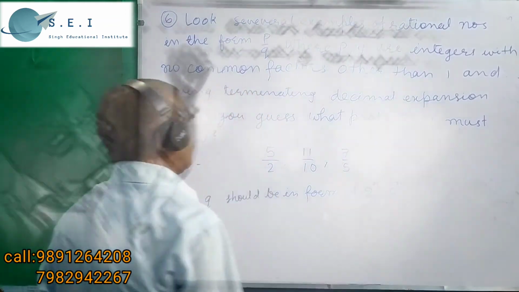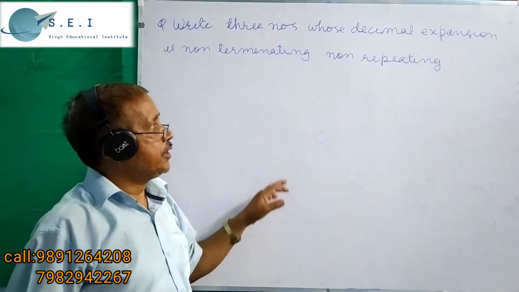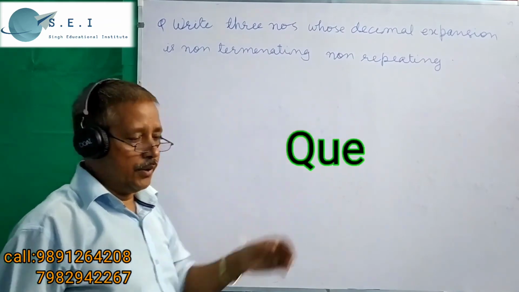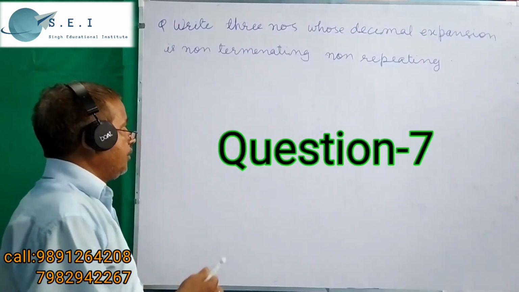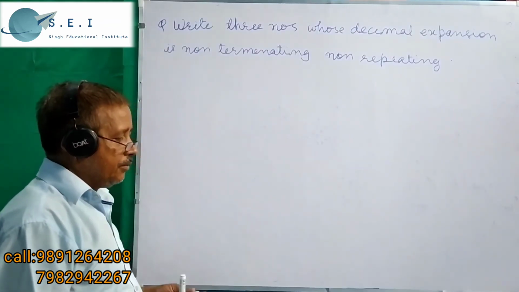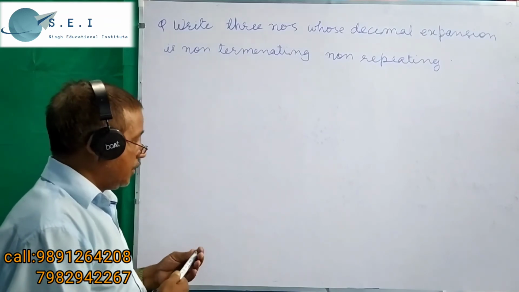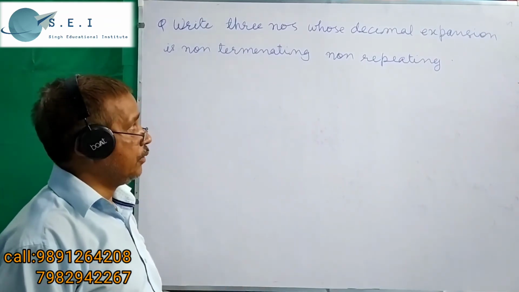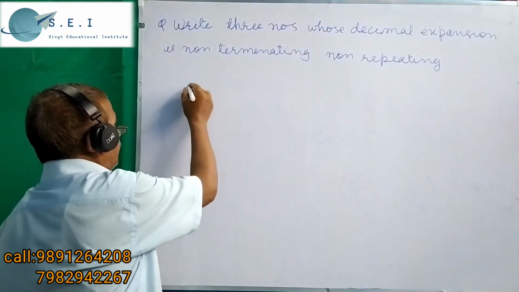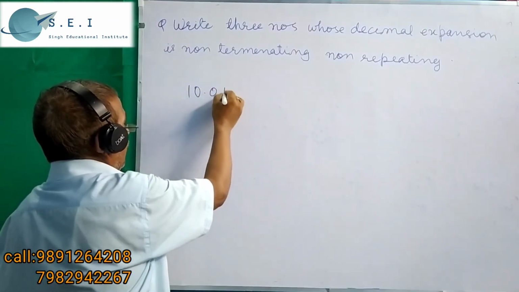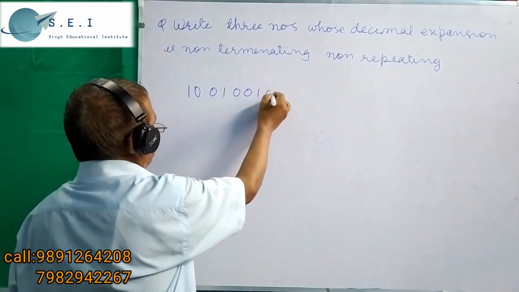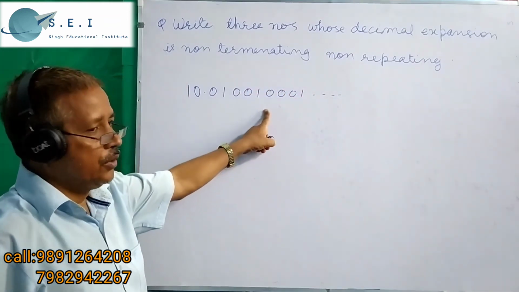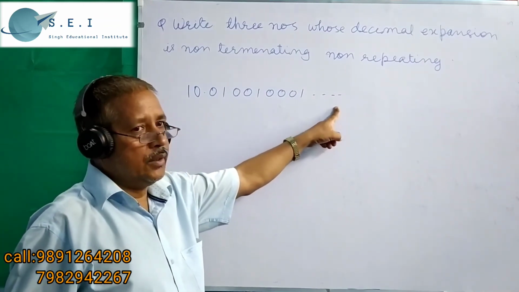Question number 7. Write 3 numbers whose decimal expansion is non-terminating, non-repeating. So, there are many examples. All irrational numbers can be expressed in decimal expansion which is non-terminating and non-repeating. For example, 10.010010001... Here there is no repeating block, so this number is non-terminating and non-repeating.